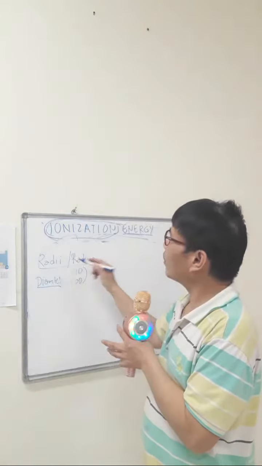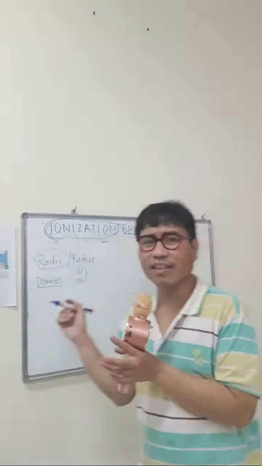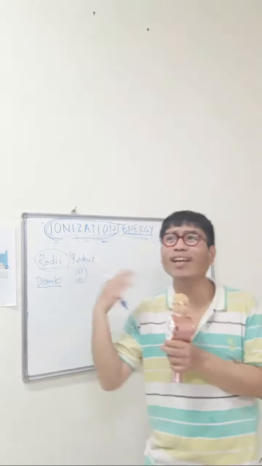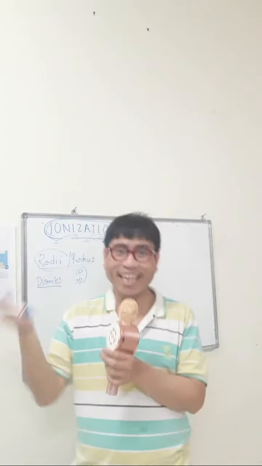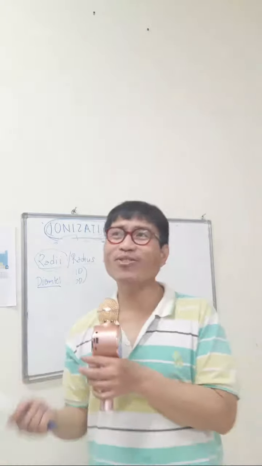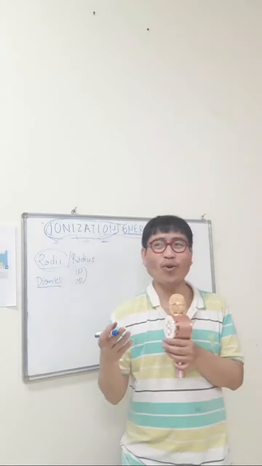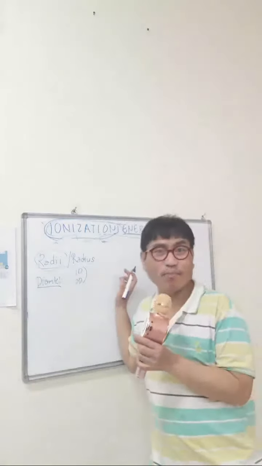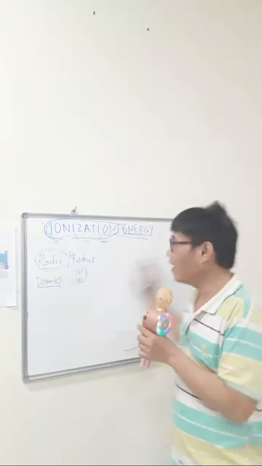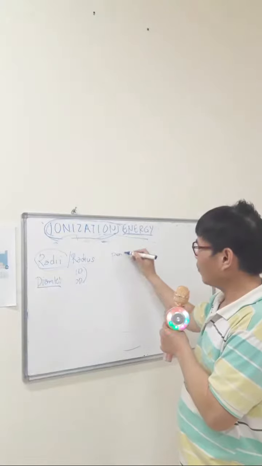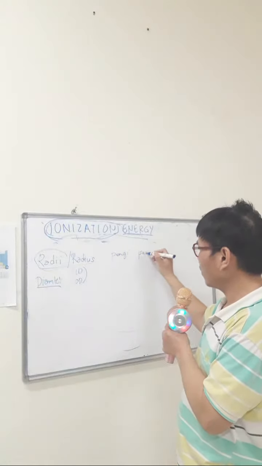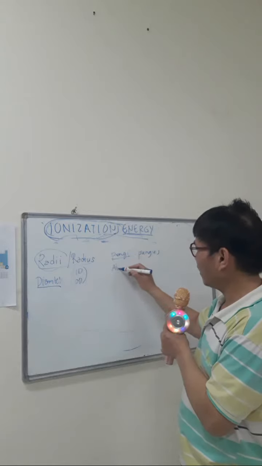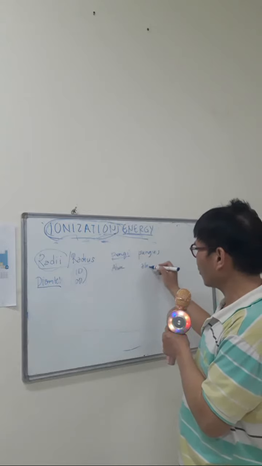Then, Sir Sotero, what is radii? Radii is confusing. If you connect that with singular and plural forms, like fungi, living microorganisms, we also have fungus. Like alumni, alumnus in English.